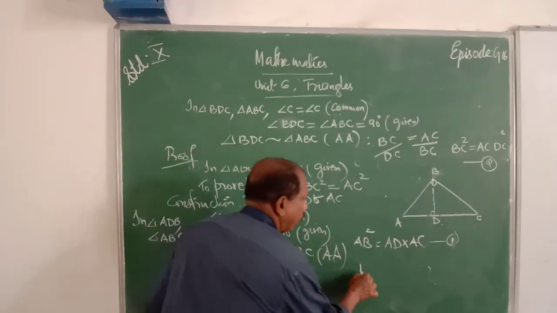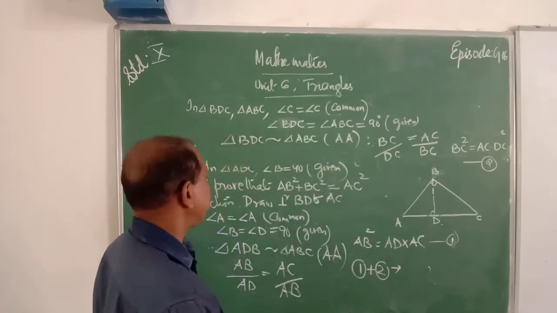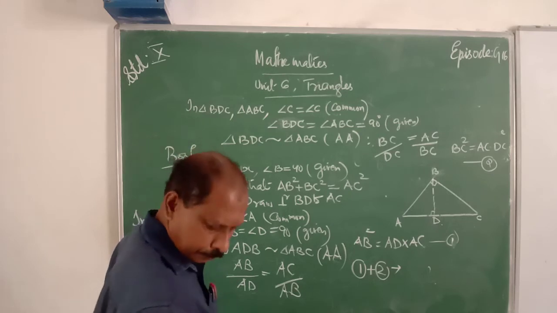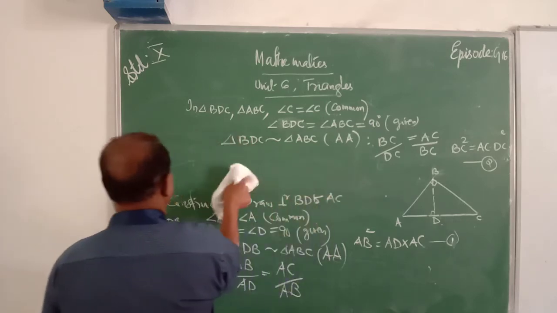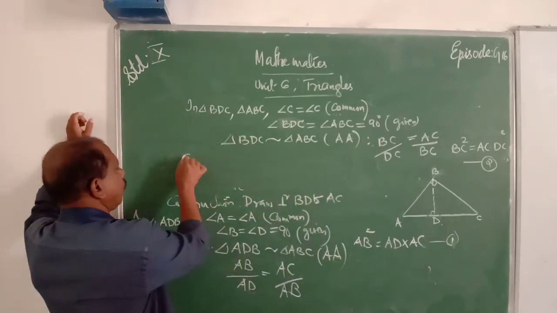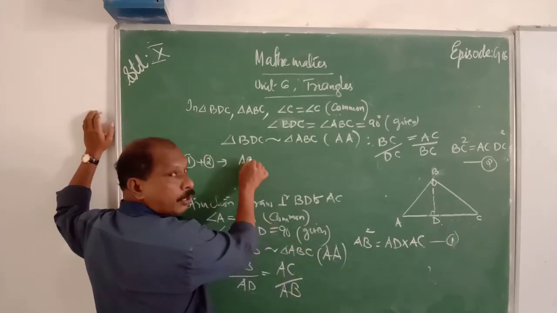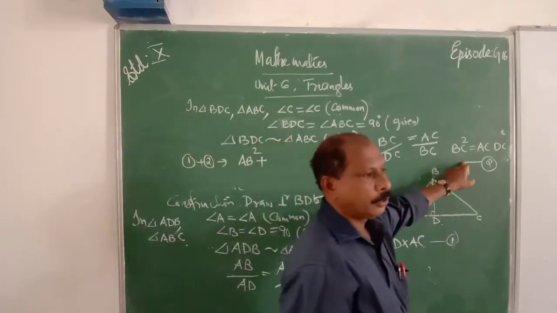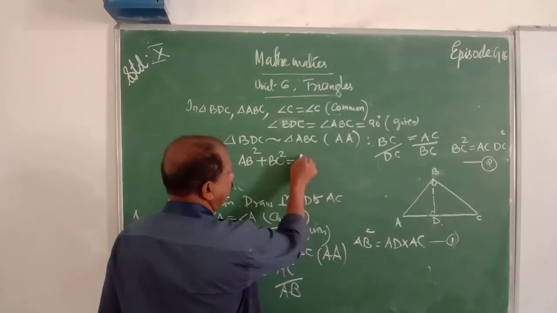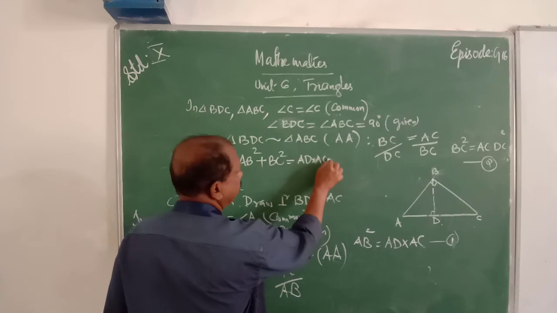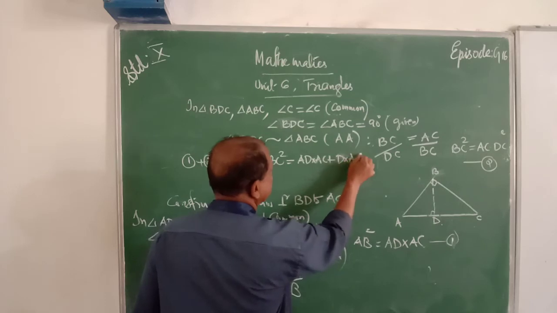Therefore, 1 plus 2 gives AB square plus BC square is equal to AD into AC plus DC into AC.